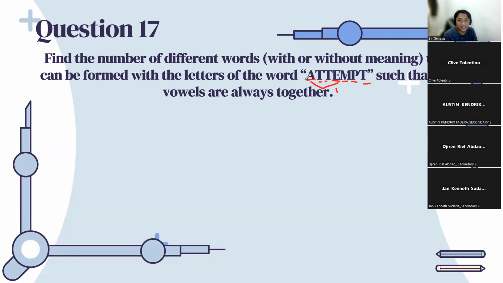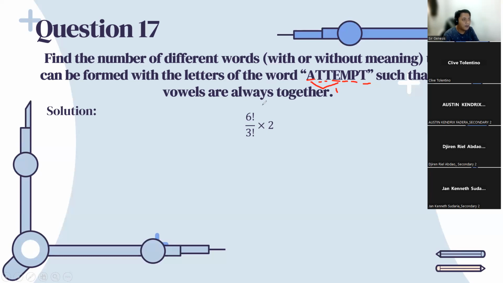So we have 6 letters or groups to be arranged, and that is a linear permutation, which will be 6 factorial. However, if you look at the word, we have 3 letters that are identical. We have 3 T's. So you divide 6 factorial by 3 factorial.